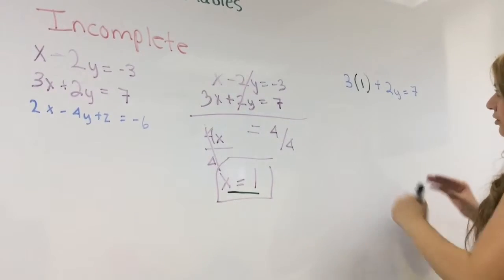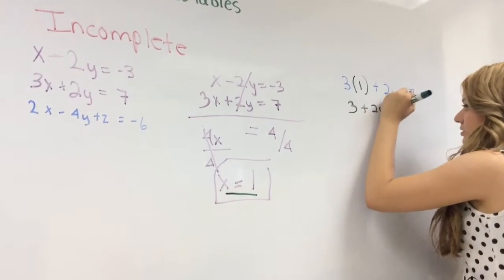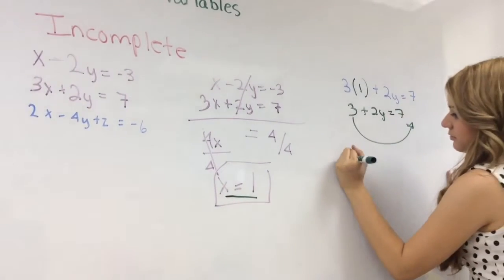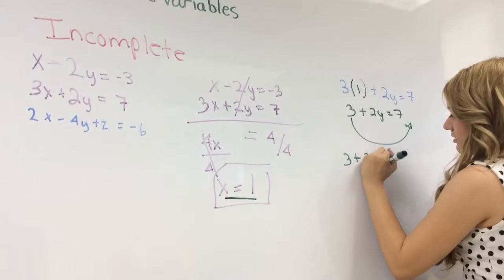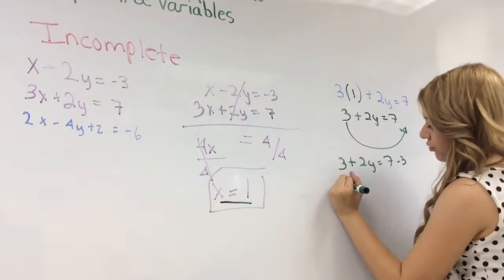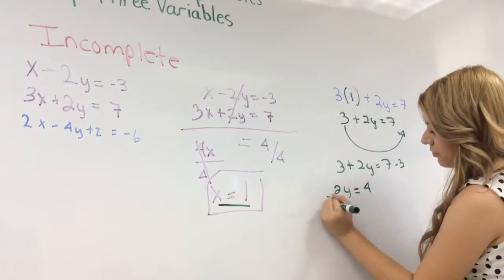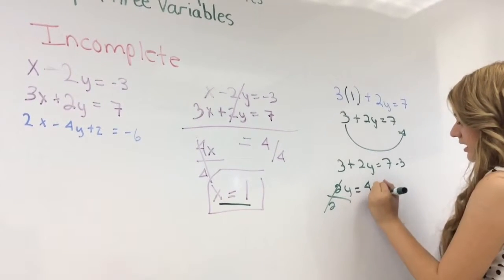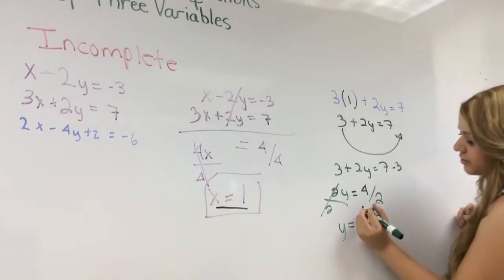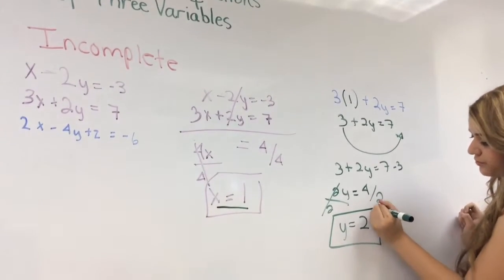So we solve: 3 times 1 equals 3, plus 2y equals 7. We pass the 3, subtracting, which gives us 7 minus 3. 2y equals 4, and then we divide, canceling, and we do 4 over 2, which will be 2, y equals 2.